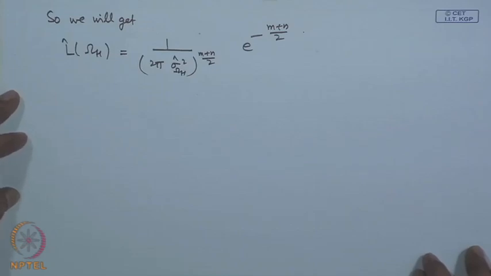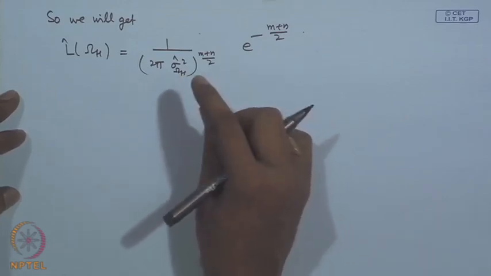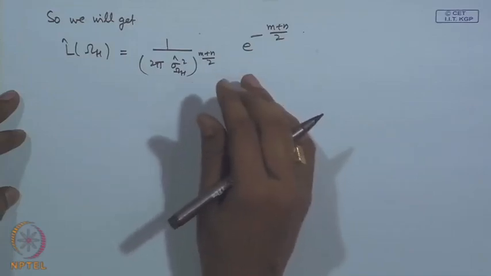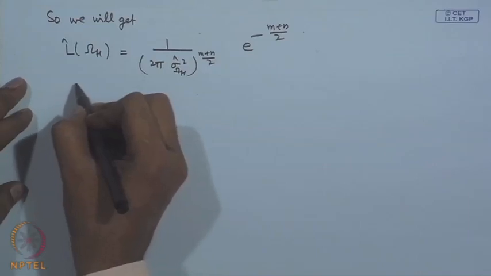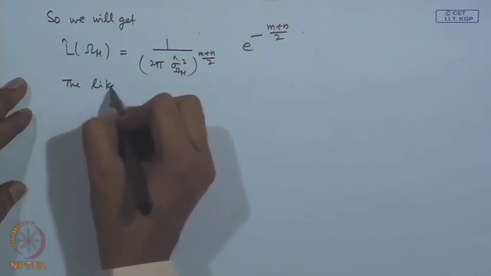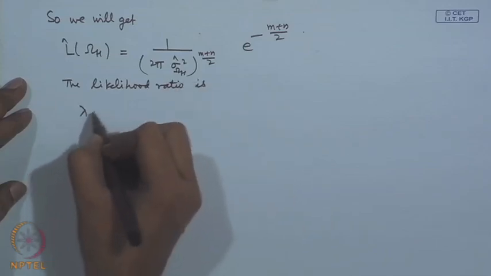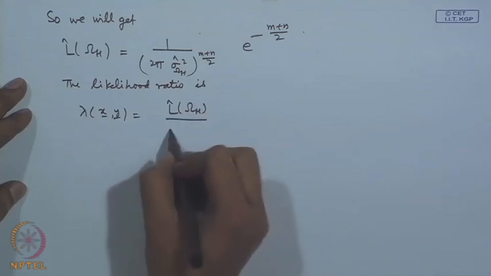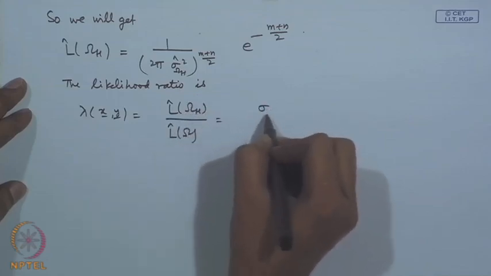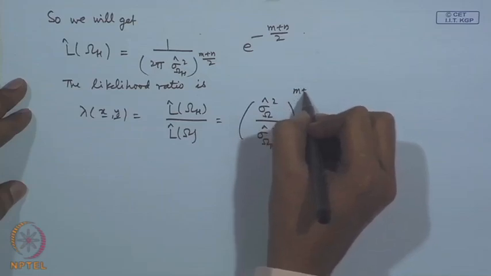Now, we have obtained the maximization over the null hypothesis parameter set. We have also derived L head omega, that is the maximization over the full parameter set. So, the likelihood ratio lambda x y is L head omega h by L head omega, that will become sigma omega head square divided by sigma omega h head square to the power (m plus n) by 2.